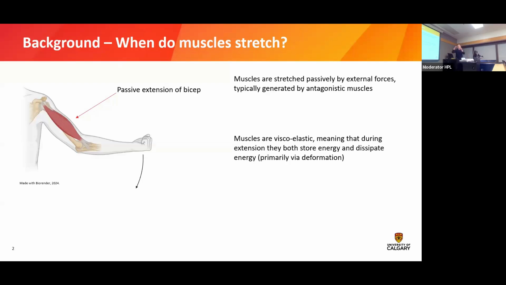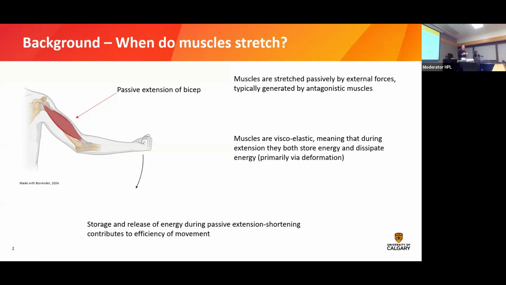So if you think about it like this, my bicep is stretching, it's storing energy. Even though I'm not contracting my bicep, it's also losing some of that energy. Some of that energy is lost as heat, some of it is lost as deformation, and that's actually the primary source of loss. But the reason why we care about this is because the storage and release of energy contributes to the efficiency of movement.